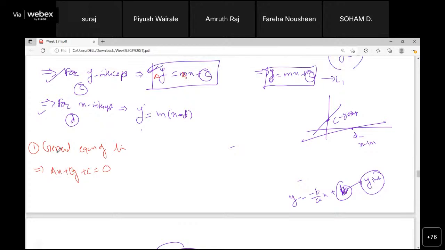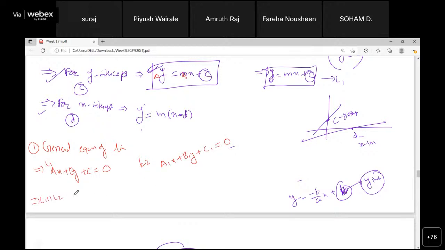Now, if two lines are given to me like this, say this one is L1, and L2 is a1x plus b1y plus c1 equals 0, then what will be the condition for L1 parallel to L2?